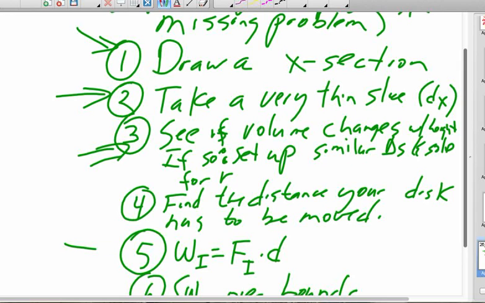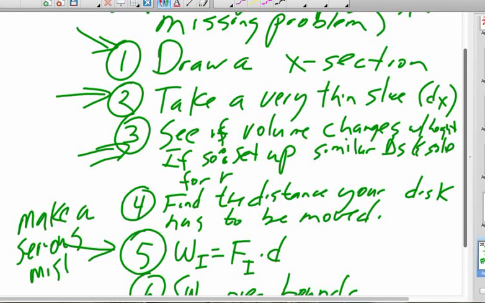You're going to skip right down to here and make a serious mistake, and you will be awarded 0 points. Do all of these steps. I mean, draw all of them. Do every one of them in order.